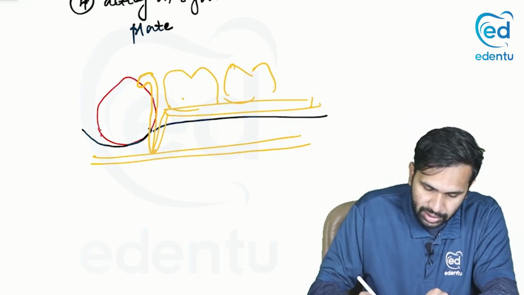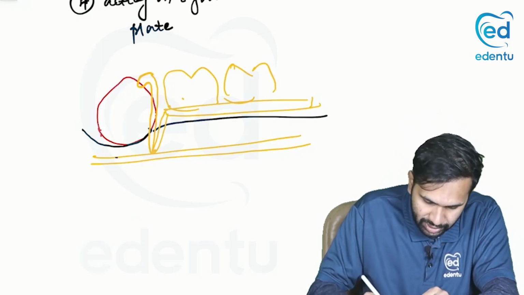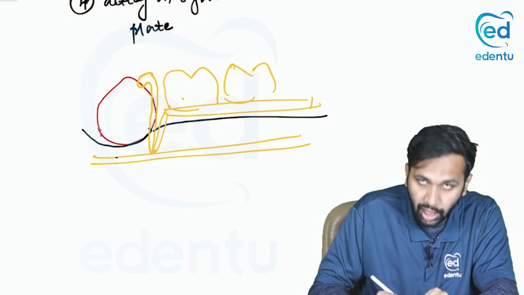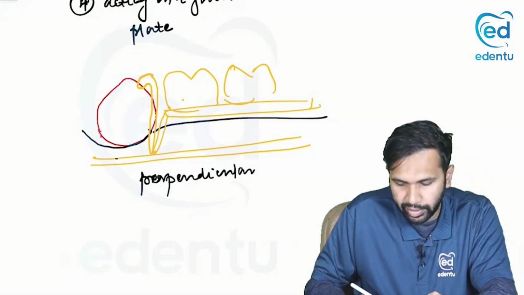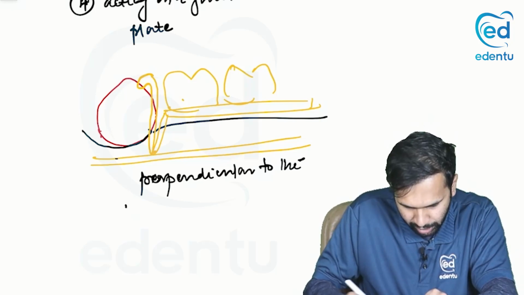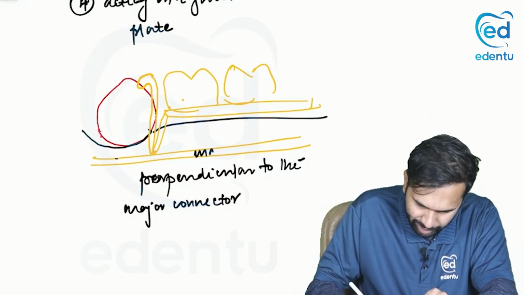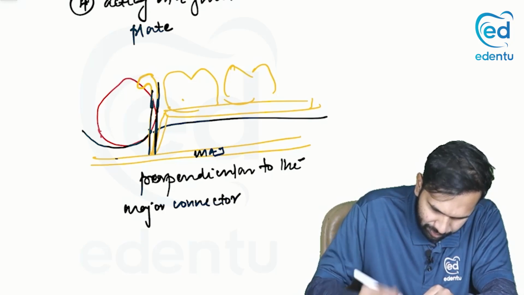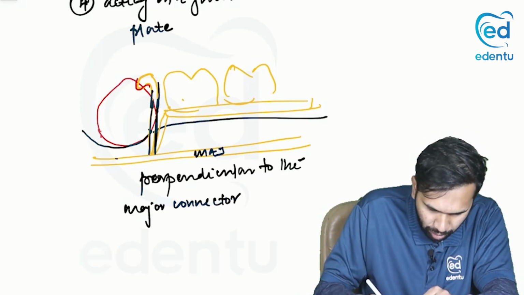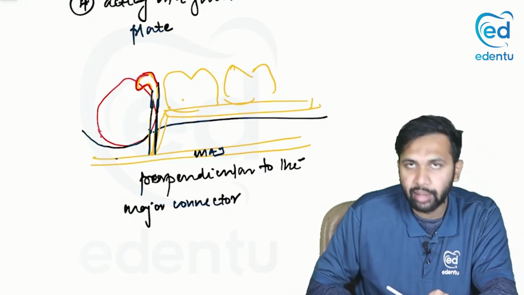Now, how the minor connector should run is, it should always run perpendicular to the major connector. If this is the major connector, this minor connector should arise perpendicularly from it. In this picture, it is your occlusal rest which is getting connected to a major connector.